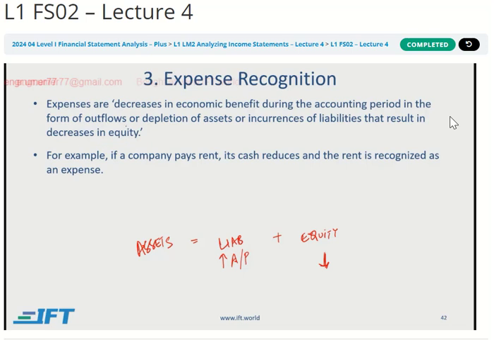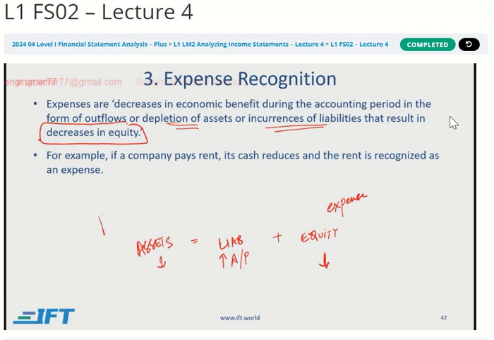So whether the decrease in equity is happening because a liability is going up or an asset is going down, the point is this is going to be called an expense, because an expense is something which reduces your equity, whether that is happening because an asset is going down or a liability is going up.